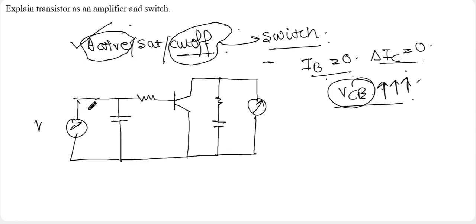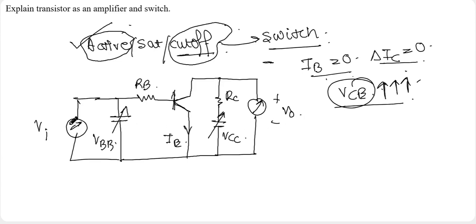This is the input voltage that we are applying here. This is a kind of variable voltage. This is the base resistance. This is the base terminal. This is the collector terminal. This is the emitter terminal. This is the emitter current which is flowing here. This is the collector resistance. This is another variable voltage. And this is the output voltage, V output, and this is the V input.